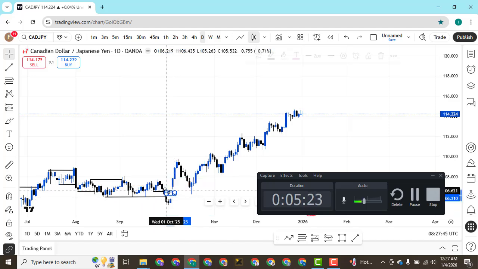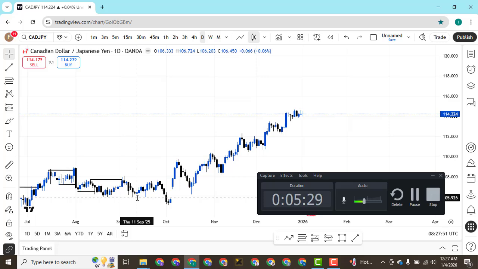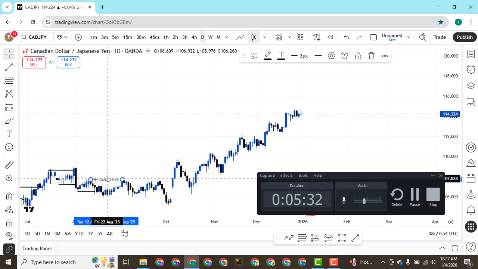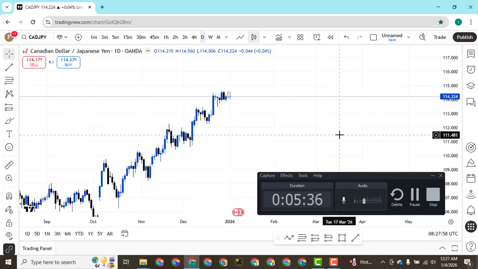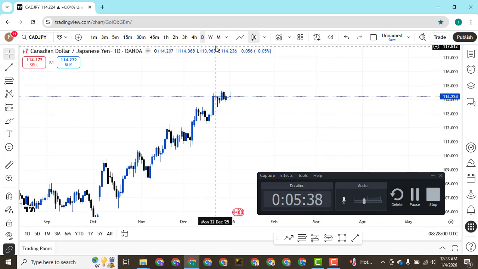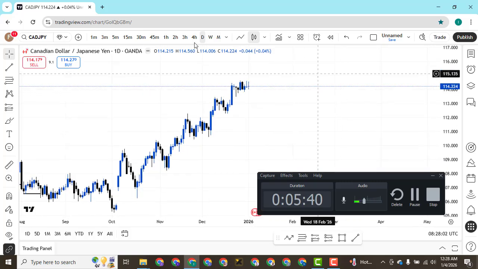I was using these ones to practice and check something. So you can see that we are in an uptrend on CAD/JPY.